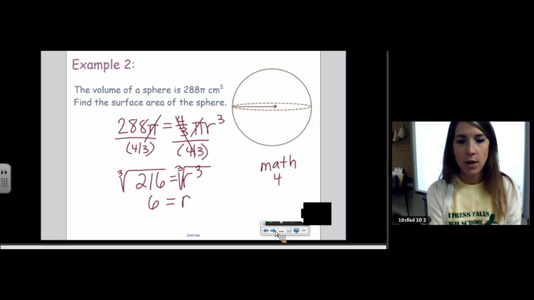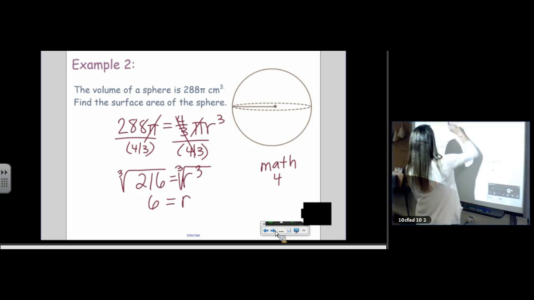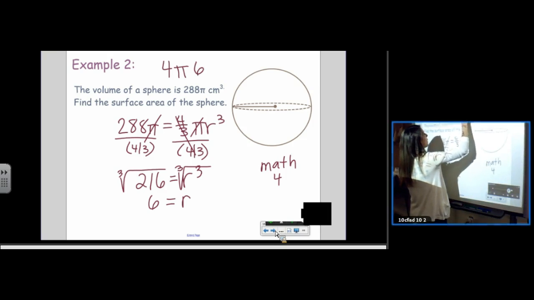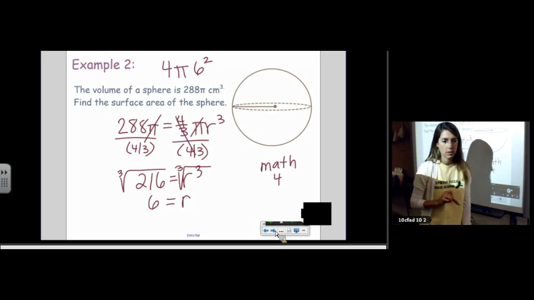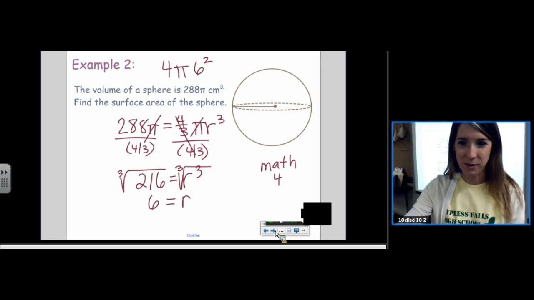Okay? Understand how to cube root? Math 4. So now it said to find the surface area, so we could do 4 pi r squared. 144 pi centimeters squared.